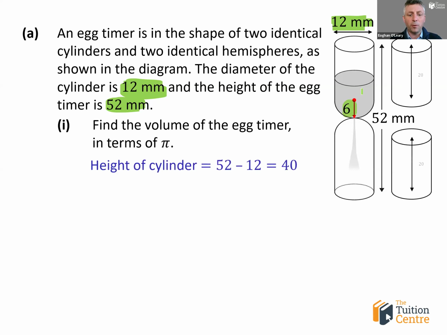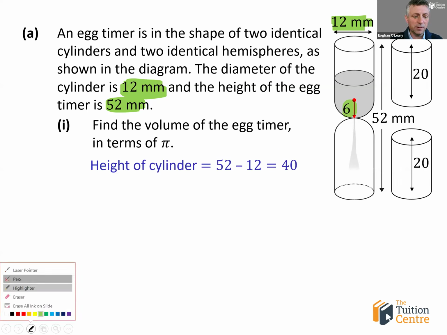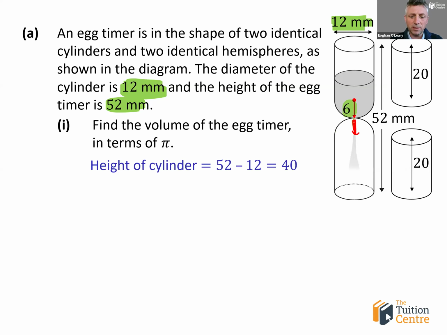So therefore, because there are 2 hemispheres, we're going to have another 6 down here, and when we put the 2 6s together, we get 12, and take 12 from 52 and you get 40. So each of the individual cylinders, on the top and the bottom, are each going to be of height 20.